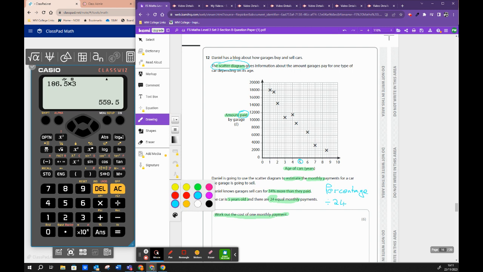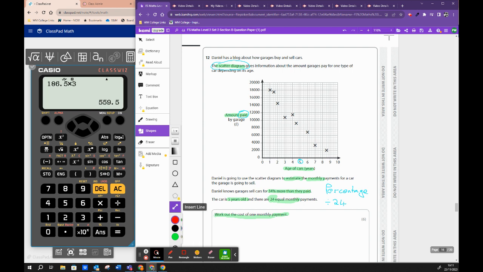Okay, so let's start this process, and the thing that we need to do first of all is to put in this line of best fit. Okay, so let me see what I think about that. How does that look? 1, 2, 3.